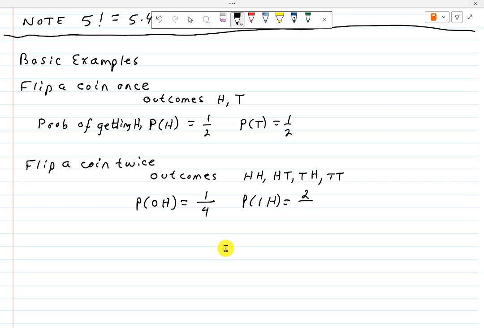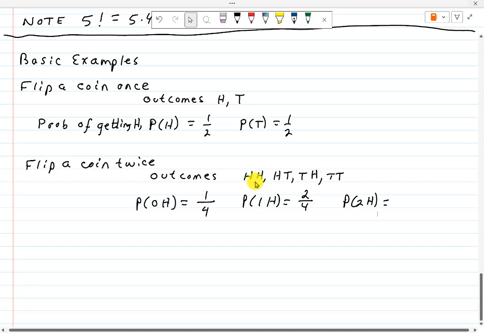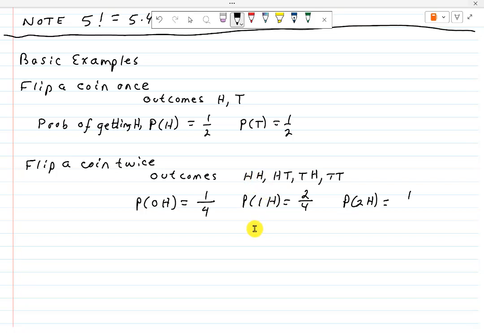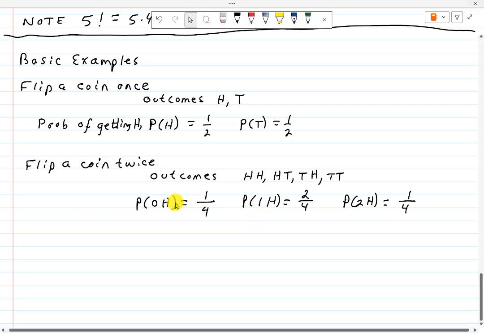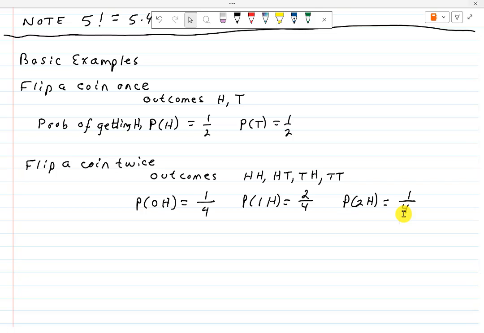So there's 2 of those out of a total of 4. And then finally, the probability of 2 heads is we have 1. We only have 1 of those out of a total of 4. So what you've done here is you've exhausted all the possibilities that can happen here. If you notice, 1/4 plus 2/4 plus 1/4 adds up to 1. So that means that it's covering 100% of the data.